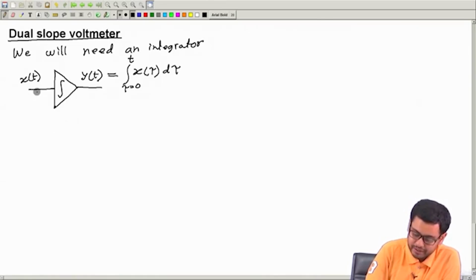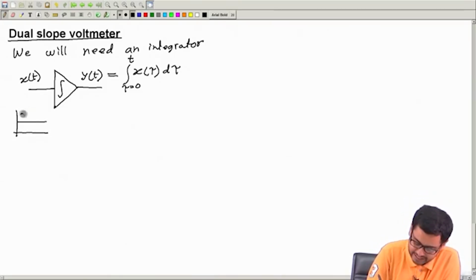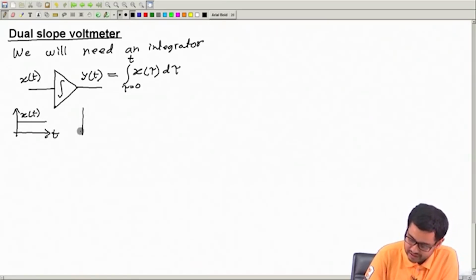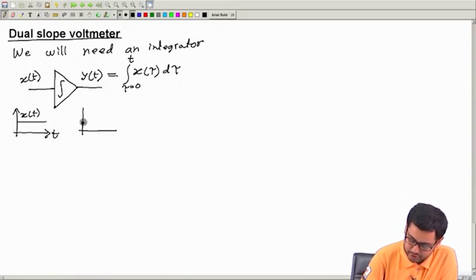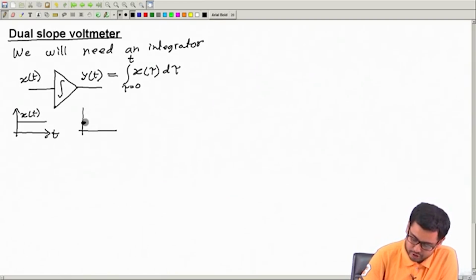So, if input is like this constant, this is x(t), this is time, how will be the output? The output will be like this. If it starts from this value, it will then increase like this. This is y(t).